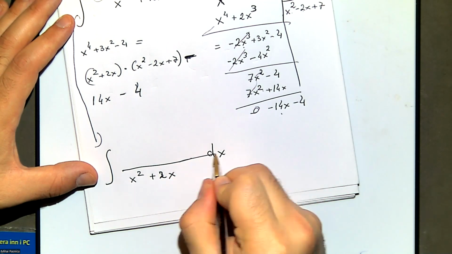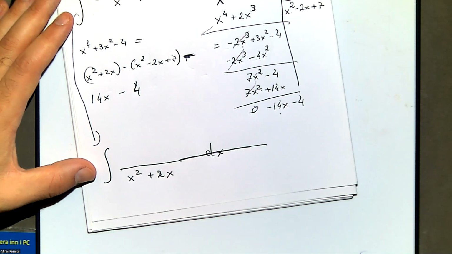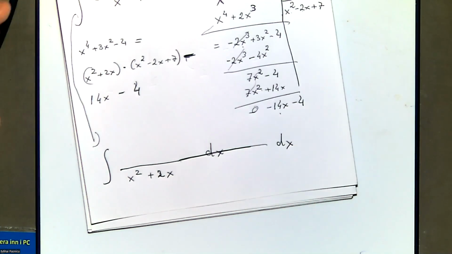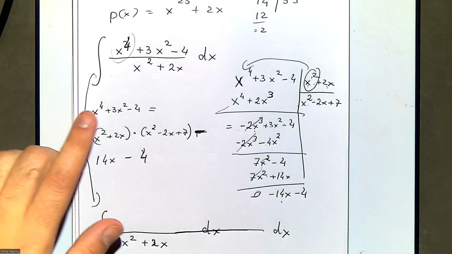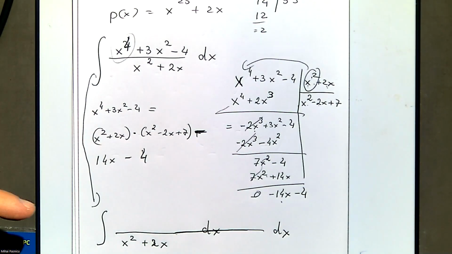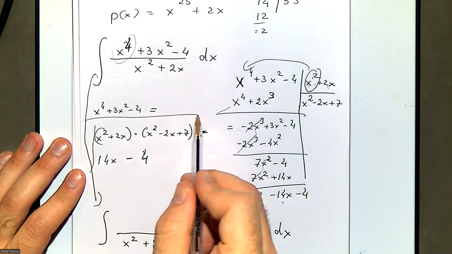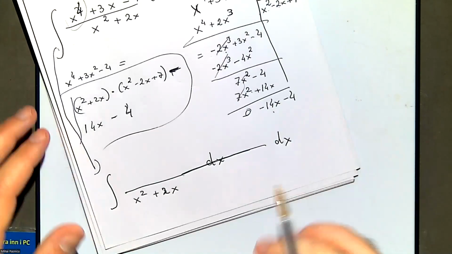oh, maybe I should have made this line much bigger. Something like that. Well, instead of copying this x to the 4th plus 3x squared minus 4, I can just copy this thing.